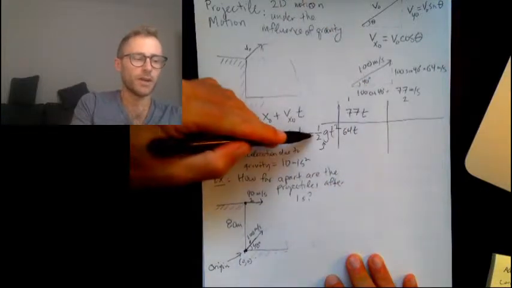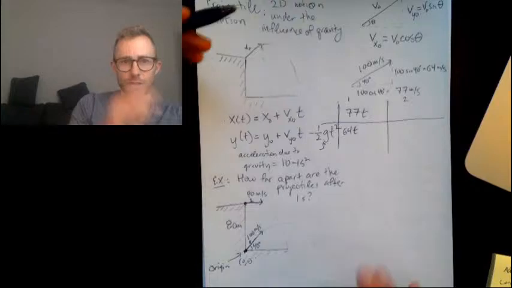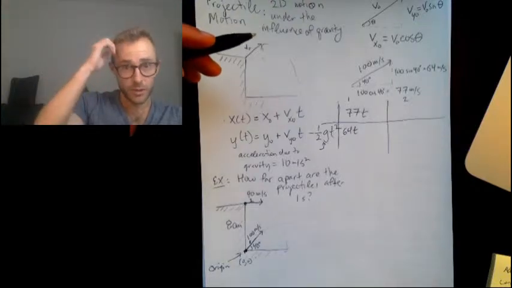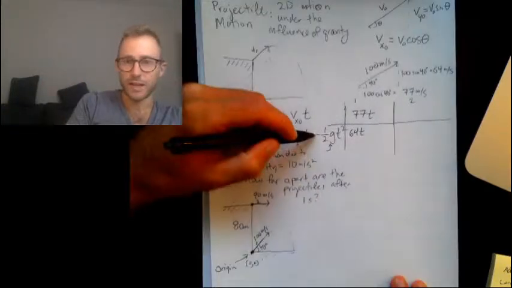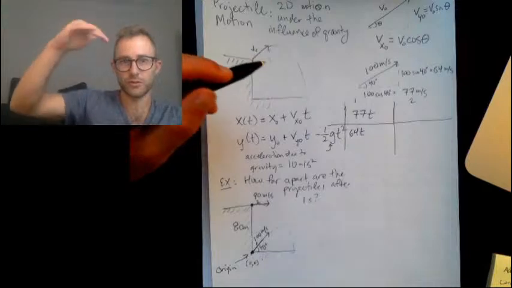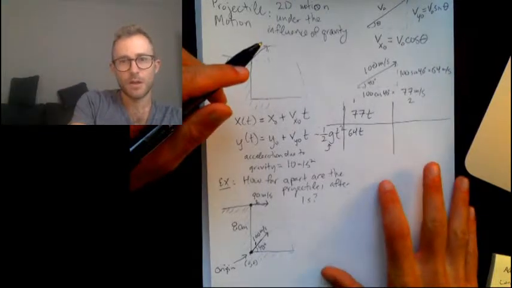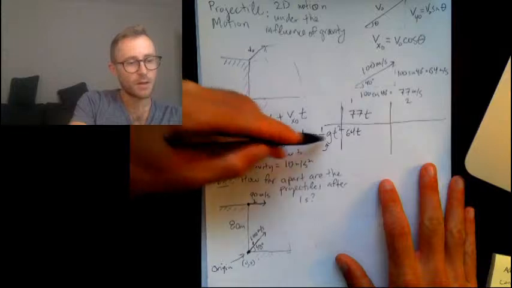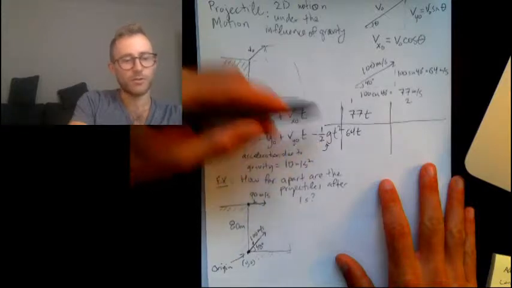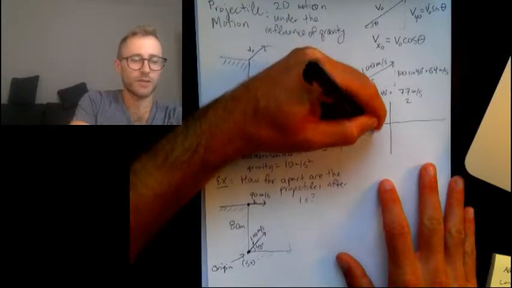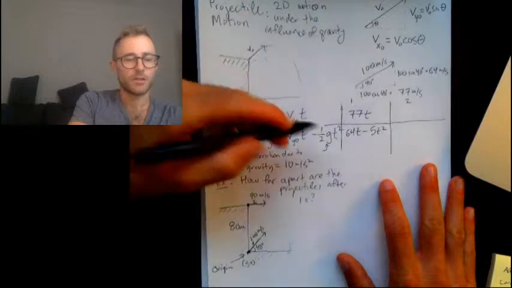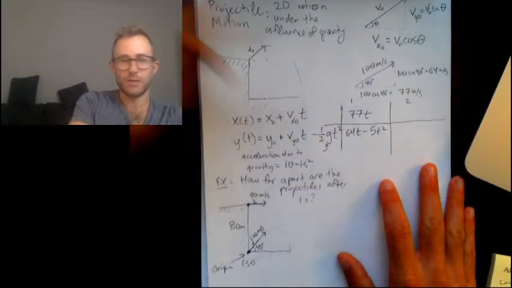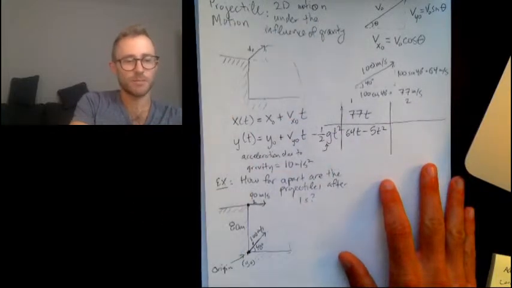And then we have minus 1/2 gt squared. So g is 10 meters per second squared. By the way, that's negative because gravity curves the trajectory downward. So we have minus 1/2 gt squared, 10 over 2 is 5, so we have minus 5t squared. So that's the x of t and the y of t of this first projectile.